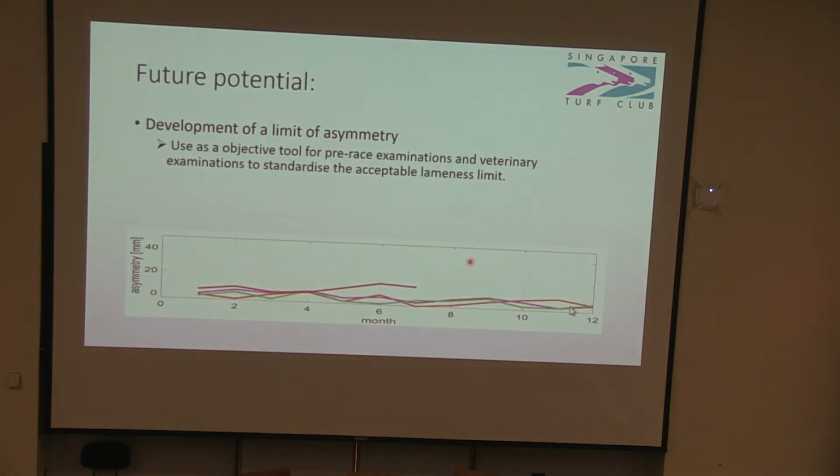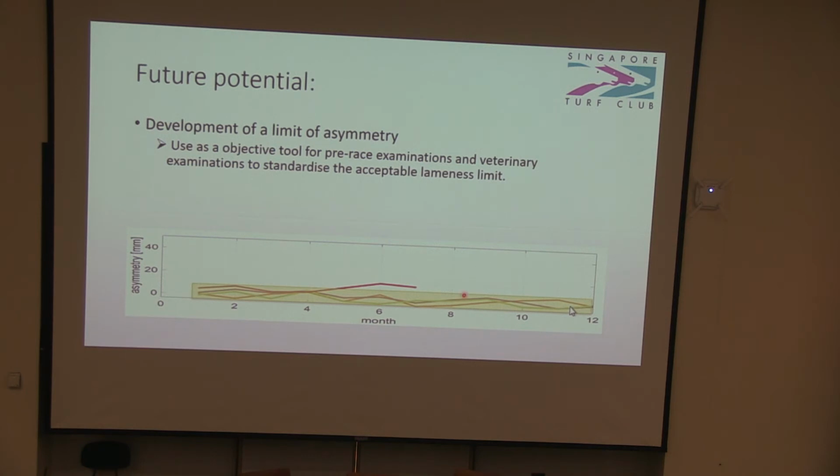Once we know that, we can use the tool as an effective way of assessing pre-race examinations. We can say at a threshold limit of X amount, those horses have an acceptable amount of asymmetry to race. If they're above that limit, they don't. They have too much asymmetry to race, and we don't think that they should race.